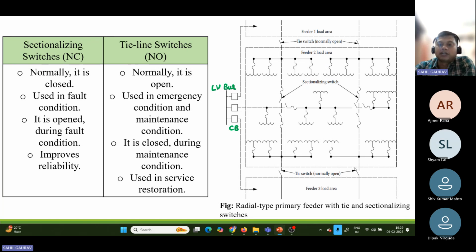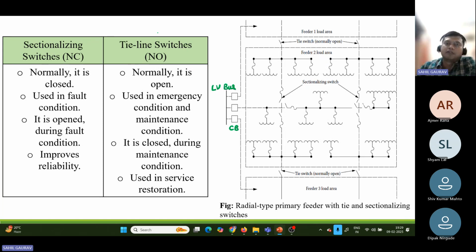These tie line switches are normally open, and they are present where we have connection of different feeder areas, while the sectionalizing switches are always closed. And these sectionalizing switches are used in fault conditions.